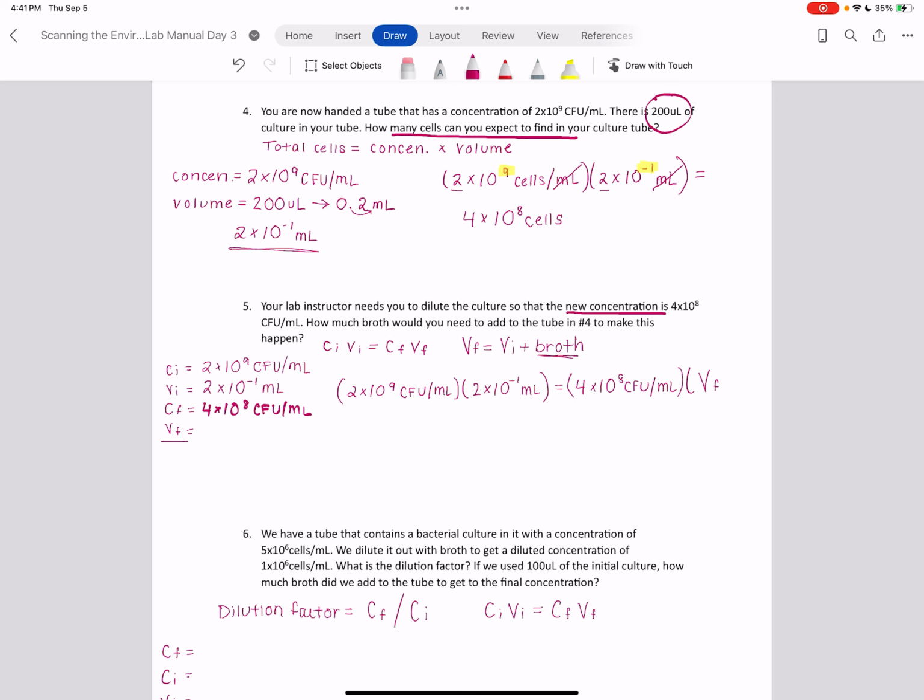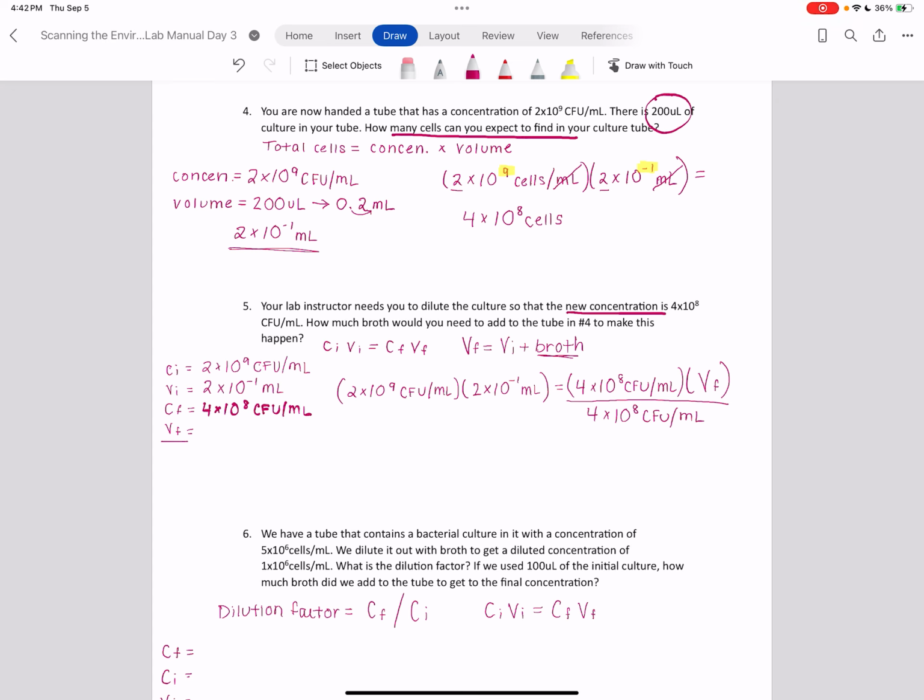When we are trying to find a single variable, we have to make sure that the variable is isolated on one side of the equation. So the easiest thing is to cancel out this 4 times 10 to the 8th CFU per ml that's sitting next to our VF. In order to do that, I'm going to divide this side of the equation by that same number. Ultimately, this will cancel out and leave us with VF on this side.